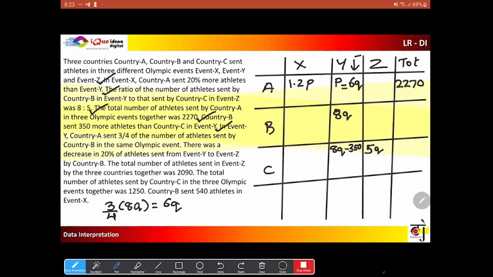Because A में P send किया है and P is 3/4 of 8Q. So P should be equal to 6Q. So A has sent P number of athletes, which is equal to 6Q. So can I say that A in X has sent 1.2 times 6Q, which is 7.2Q athletes? So P का मेरा झंझट ही खत्म हो गया. I don't need P anymore. Everything I can calculate in terms of Q.